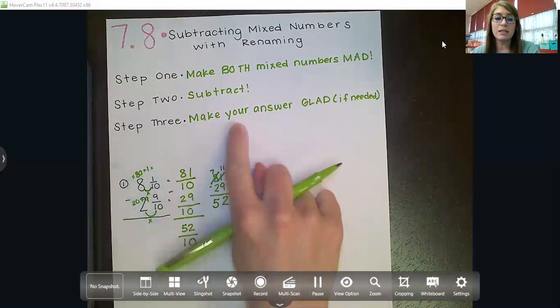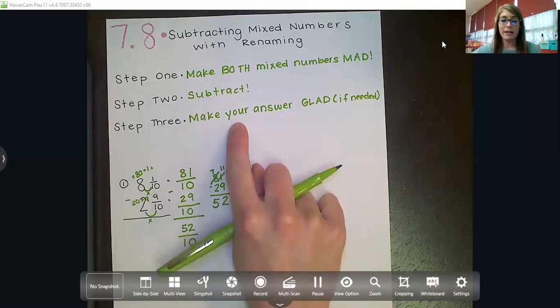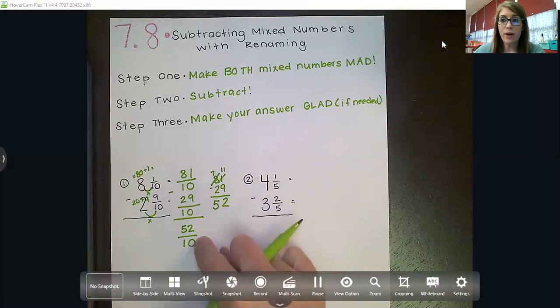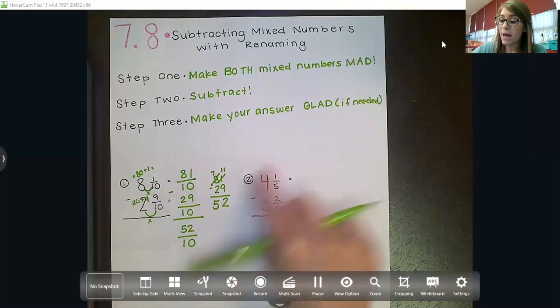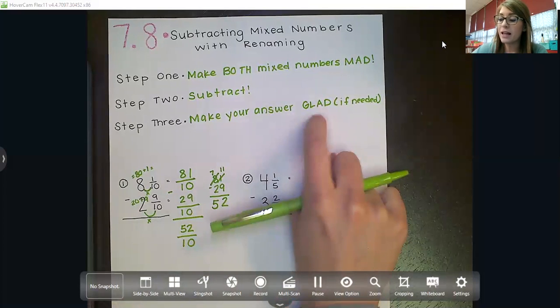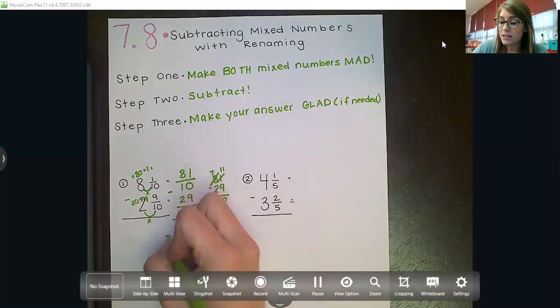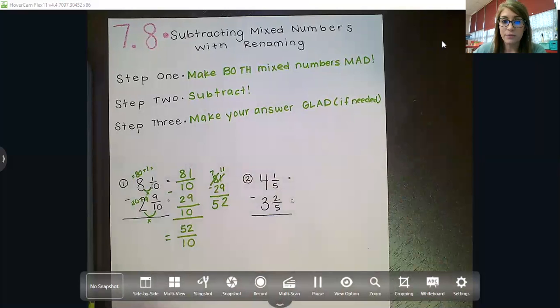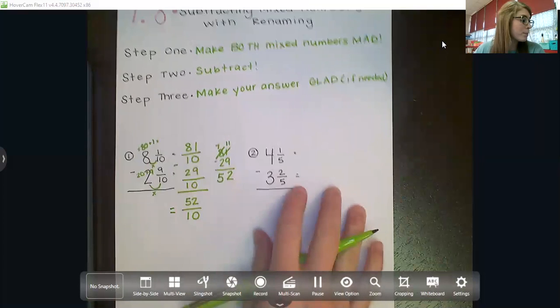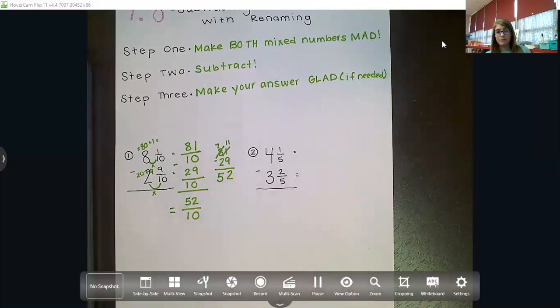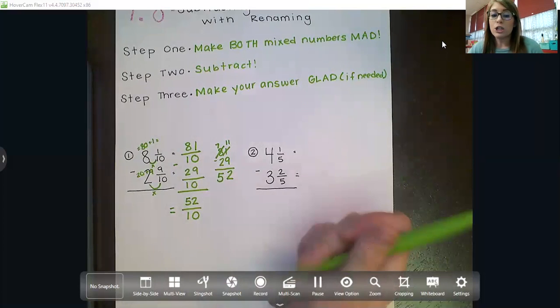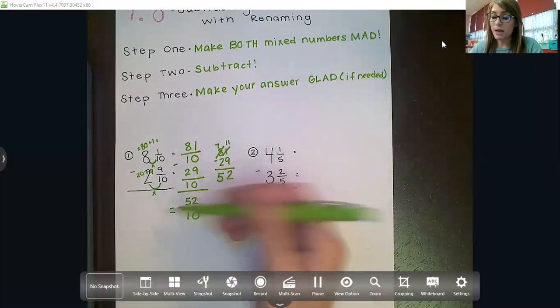Now we need to see if step 3 is going to apply here. Is this an improper fraction? Oh yes, 52 is much larger than 10. So now we have to look at making 52 tenths glad to get our mixed number answer. Remember, when we're making something glad, we are changing it back into a mixed number.